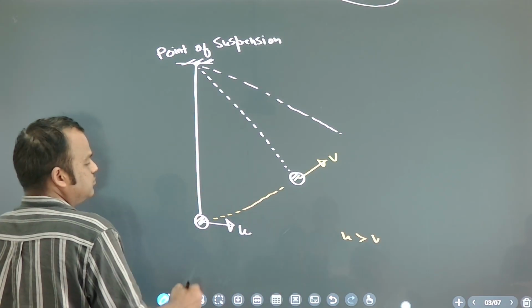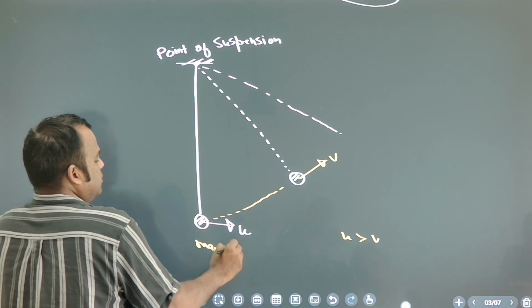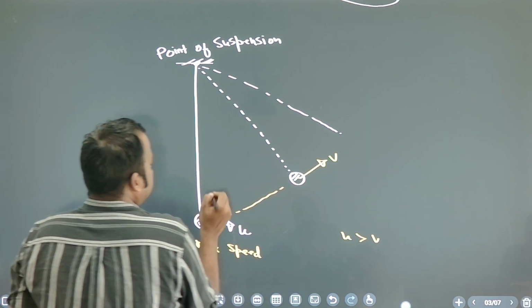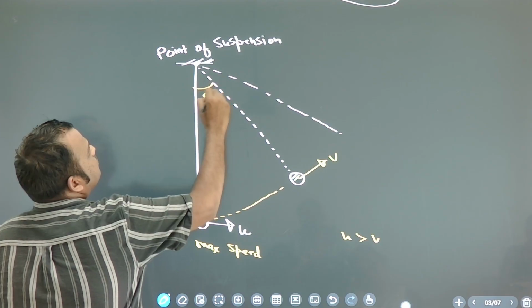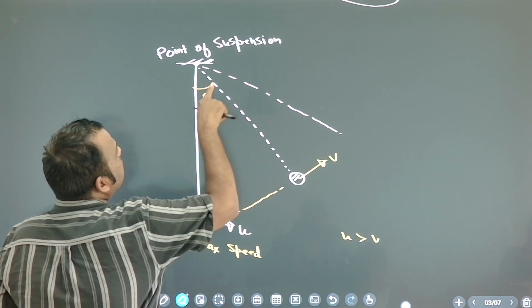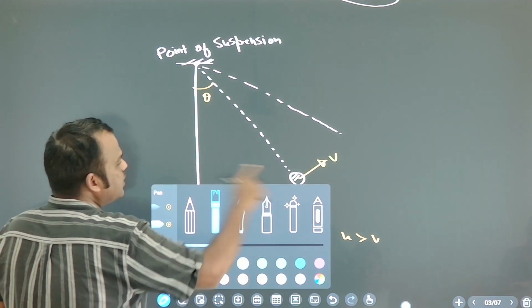Okay. Maximum speed is here. Now this angle is theta. Note down this angle. So tell me how much is height? What is the height here?